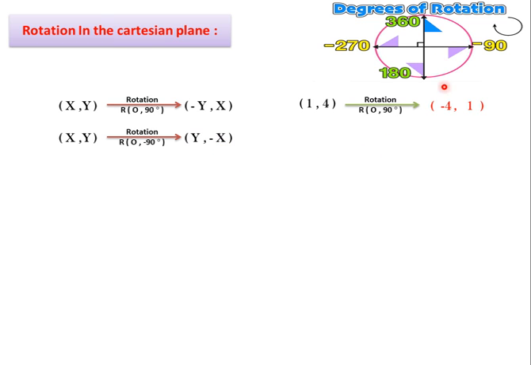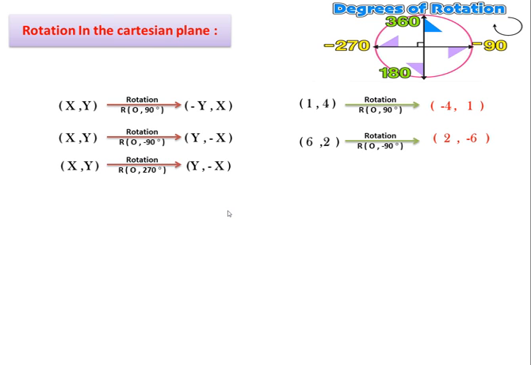We know the difference: 90 from the starting point, the rotation is anti-clockwise, will be here, but negative 90, the rotation is clockwise, will be here. For example, if we have (6, 2) and rotate about the origin by negative 90, we get (2, negative 6).